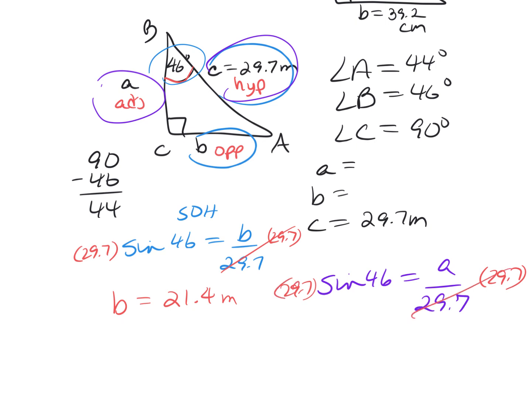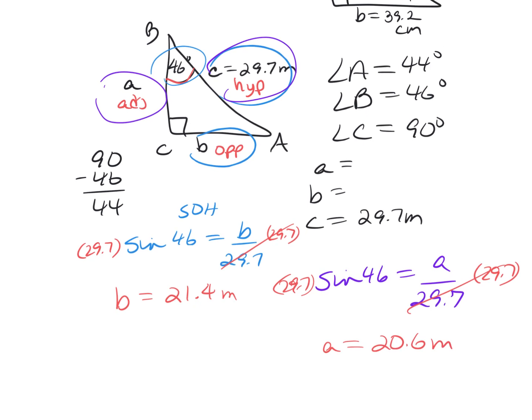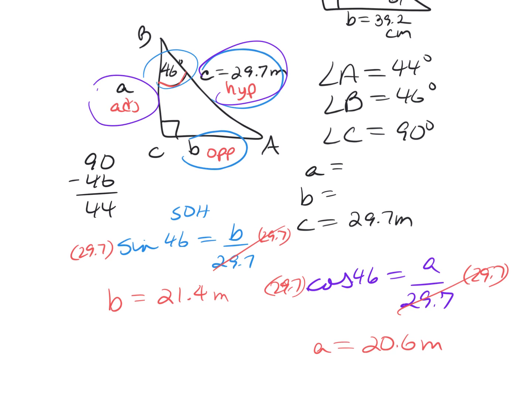So I'm going to multiply here, and I end up with a equal to 20.6. Oh, cosine, you are correct. Thank you. Cosine of 46, and you should get 20.6. So now I've found all of my missing sides: 20.6 meters, 21.4 meters.